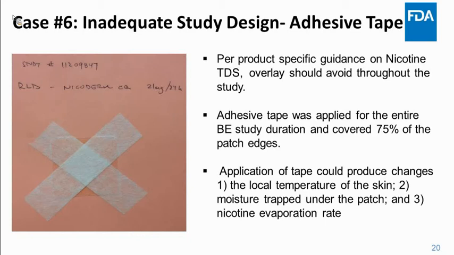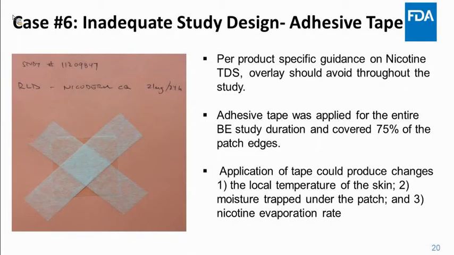covered with the tape. The tape could produce certain changes in the physical properties, such as the local temperature of the skin, moisture trapped under the patch, and the liquid evaporation rate.